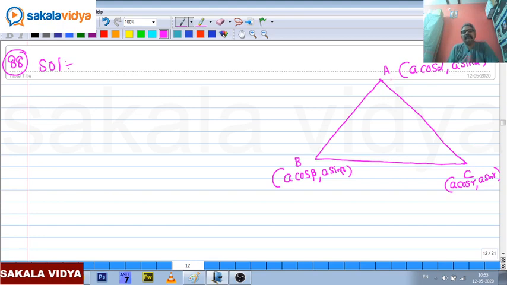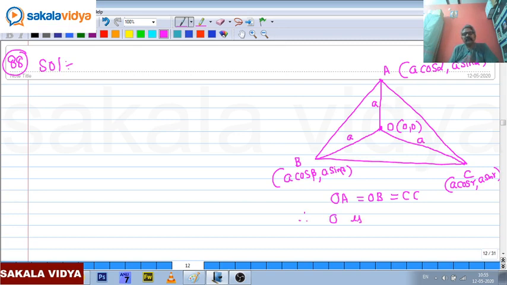That means these 3 points are equidistant from origin. For example, you take origin here, O 0 comma 0. That will be inside. You join OA and OB and OC. Here what we observe is that OA is equal to OB is equal to OC. That means this distance is A, this distance is A, this distance is A. So therefore O is circumcenter.